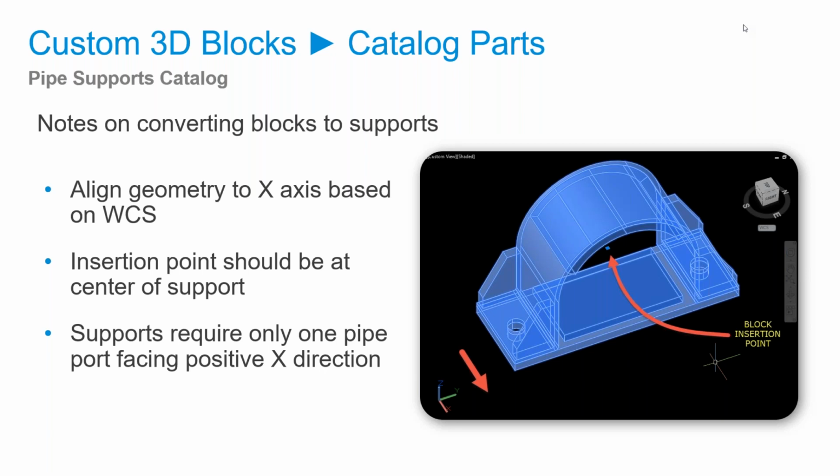So I'm talking here about the plant part convert command. In order to work properly, it requires you to first align your AutoCAD block in such a way that the pipe axis will align to the X axis of Plant 3D in the world coordinate system.